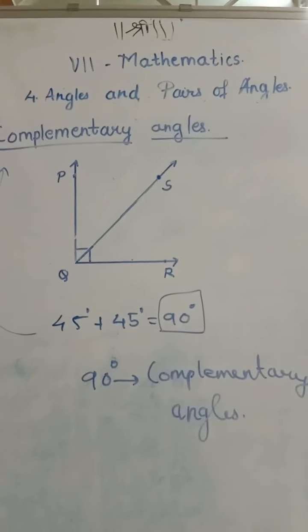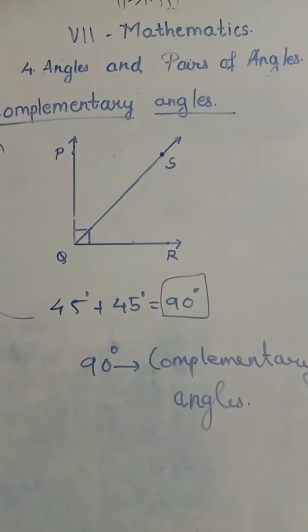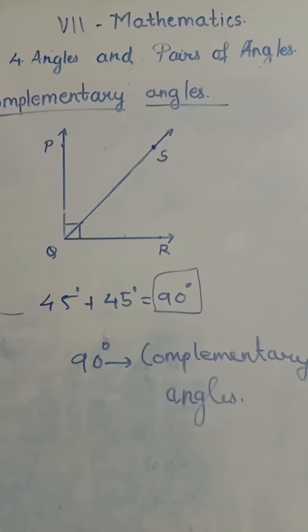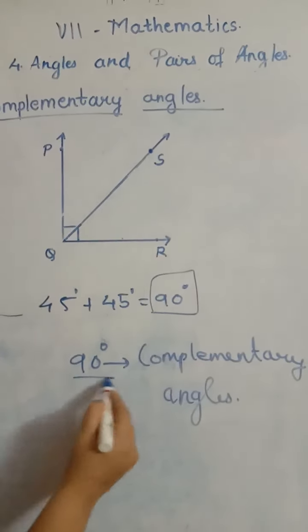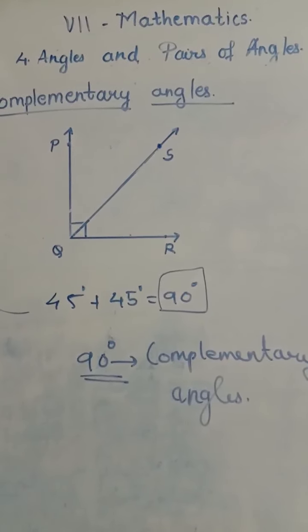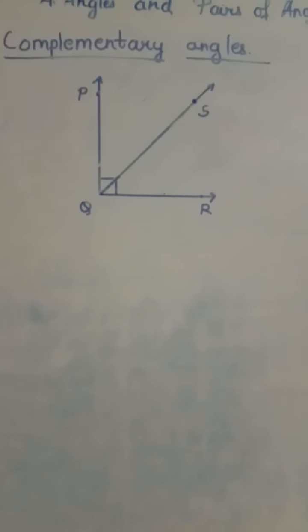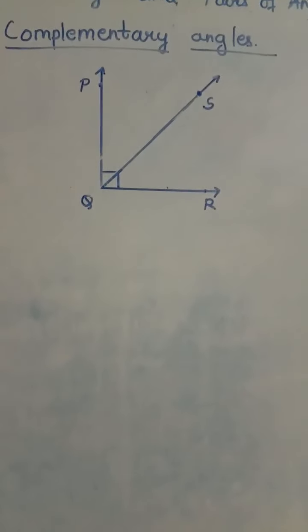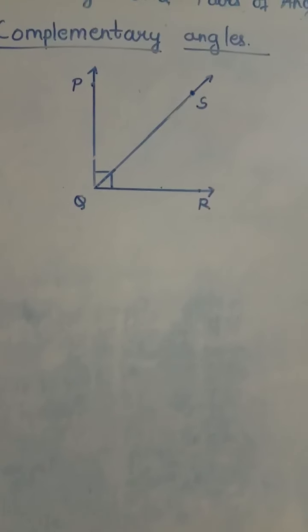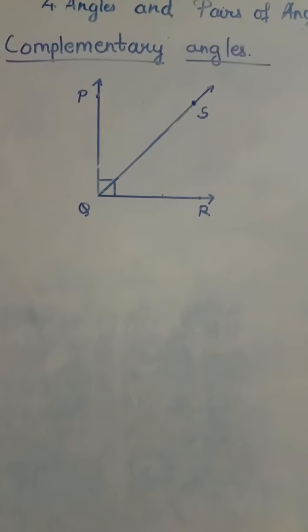When you add both of them and the addition is 90 degree, then it is called complementary angles. Even at the beginning when we started the complementary angles point, I had said draw a right angle measuring 90 degree.